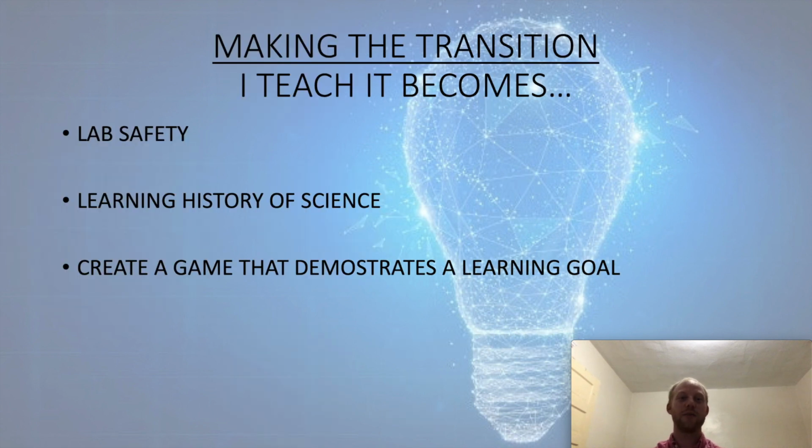So here's a couple examples of how to transition actual lessons. Lab safety is a very technical lesson. If you go wrong, you can get hurt. So I sometimes show videos of what went wrong and ask the students to see what went wrong. I ask them to familiarize themselves with lab equipment. A way I can transition this is I can say, go make a lab safety video without giving them any information.